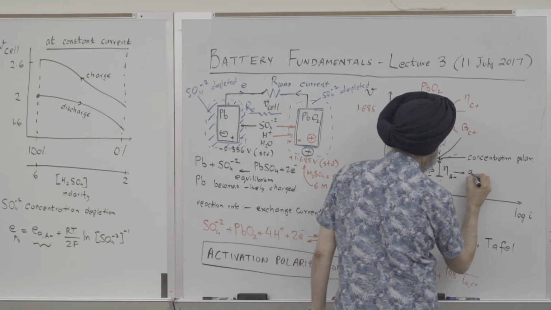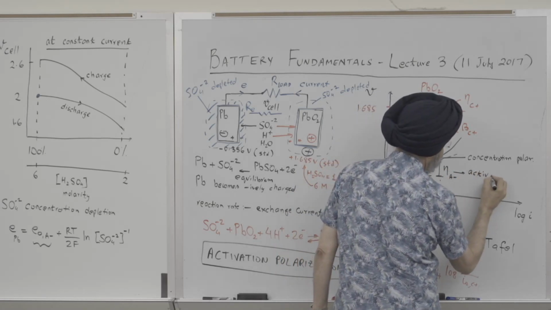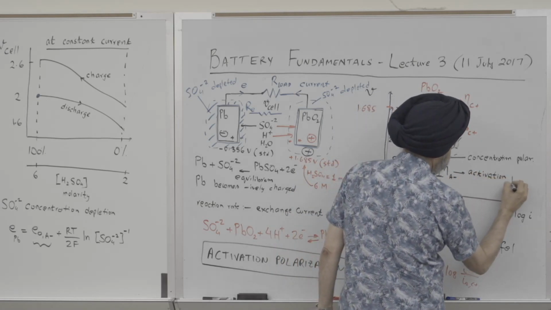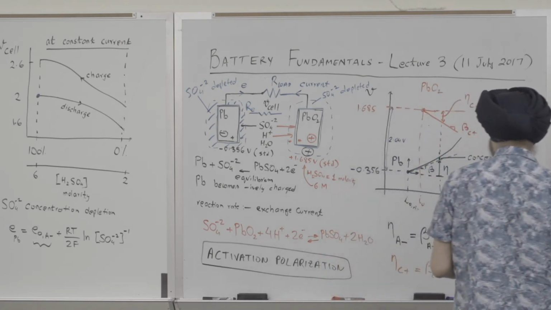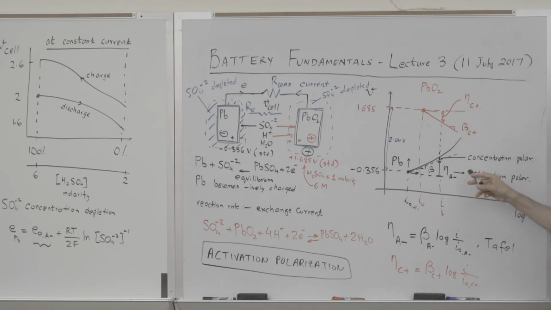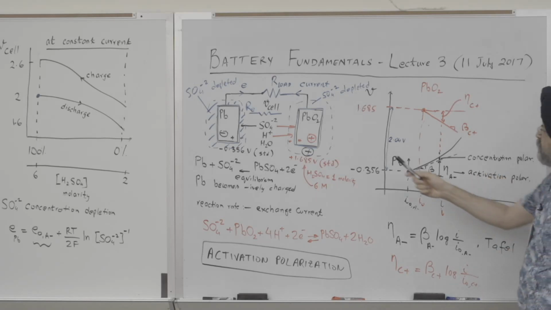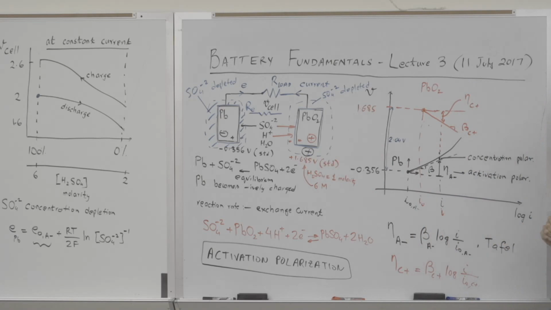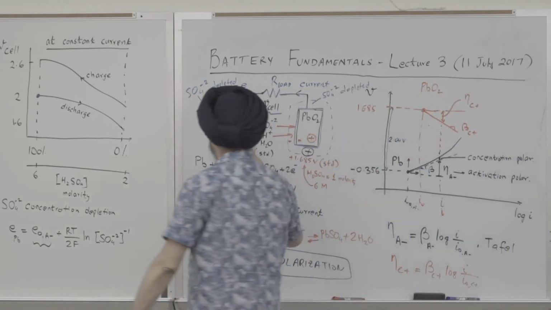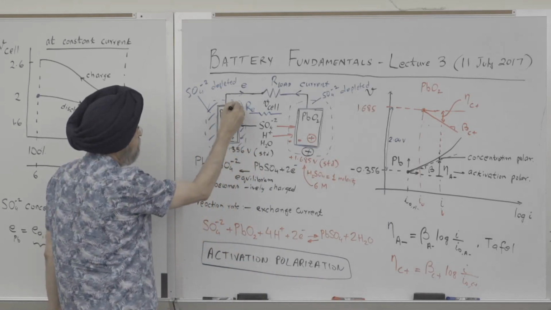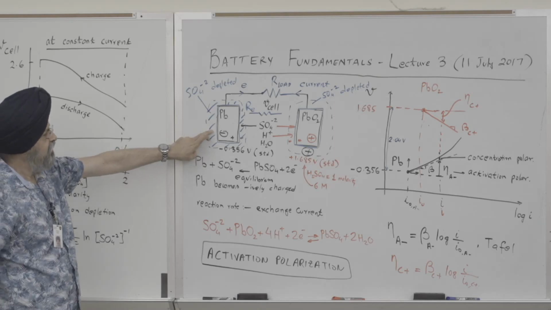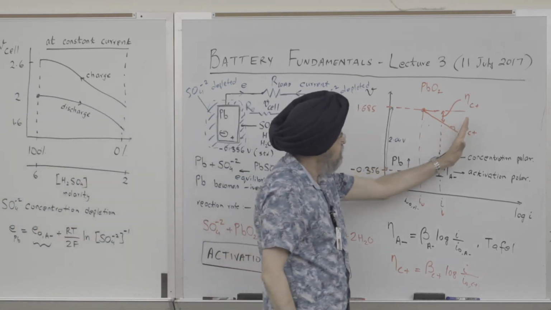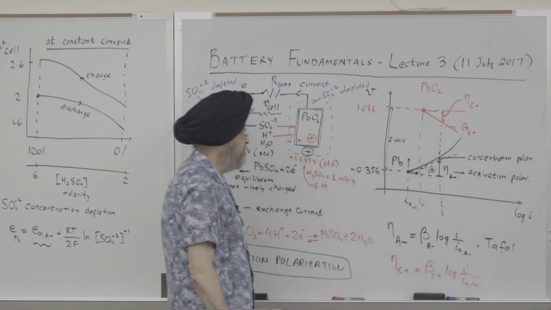And this one is activation polarization. So we have two polarizations. The activation polarization is because of current flowing across the electrode, and the concentration polarization is because of the change in the sulfate ion concentration around the electrode. So the curve takes an upward slant.